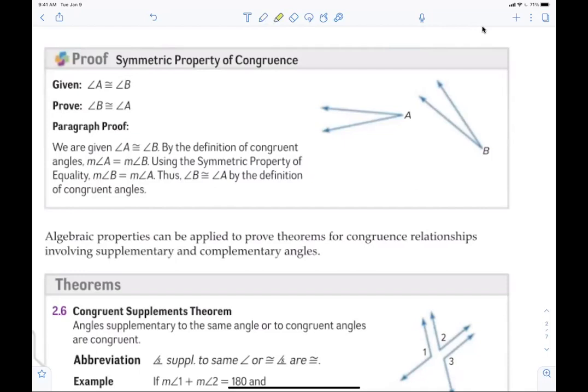Given that angle A is congruent to angle B, by definition, that means the measure of angle A is equal to the measure of angle B, correct? Now they use the symmetric property of equality, not of congruence, of equality. And if they're using the symmetric property of equality, then the measure of angle B equals the measure of angle A. Does everybody see that?